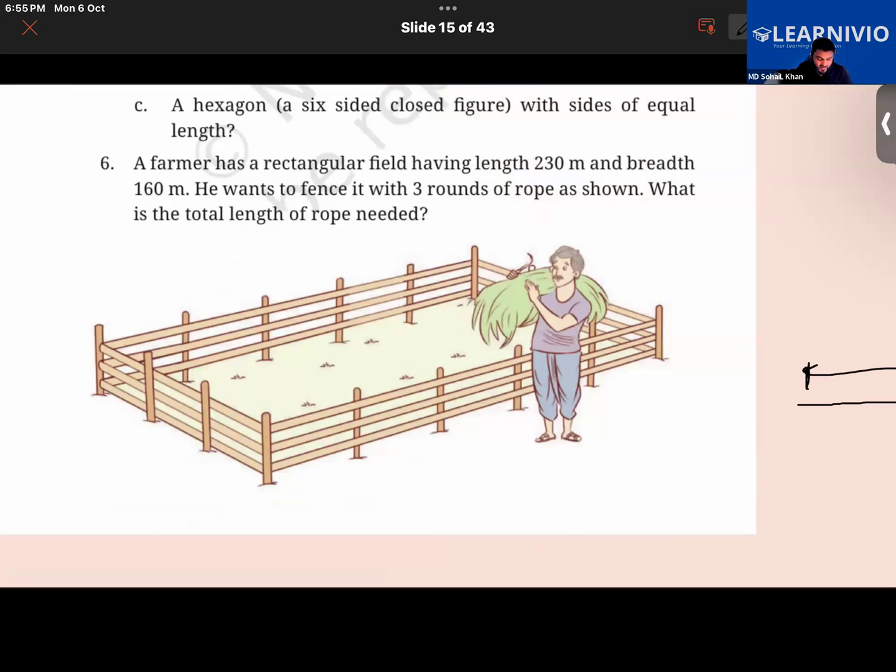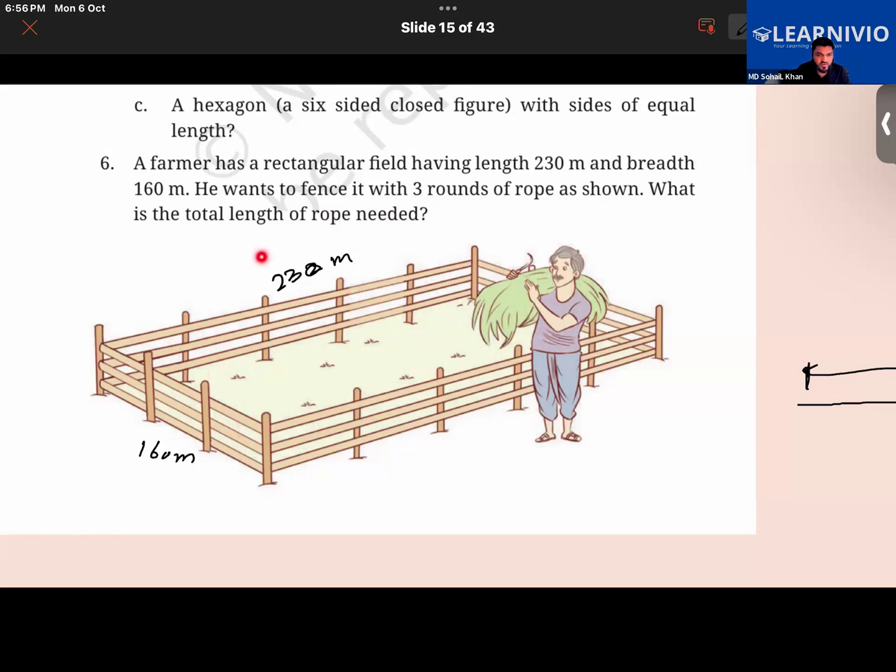A farmer has a rectangular field whose length is 230 meter and breadth is 160 meter. He wants to fence it with 3 rounds of rope as shown here. Now although this is wood actually, basically he wants to fence it with three rounds of rope, meaning that he will do one round, another round, and third round. Getting it, guys?